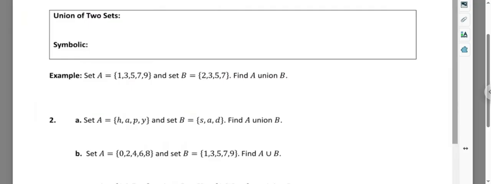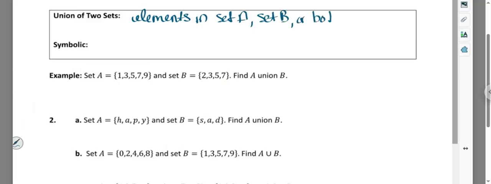These are the elements in set A. They could be in set B or both of them. So in other words, every element of A and every element of B. So everything that's there is listed.